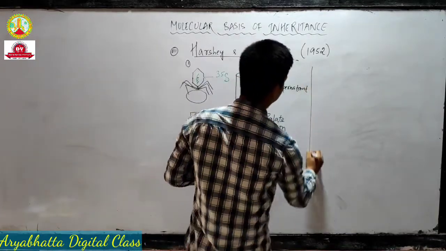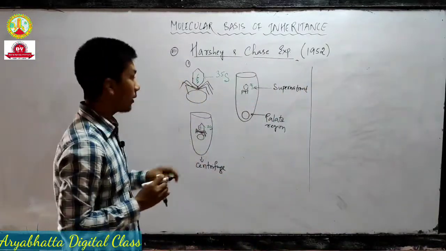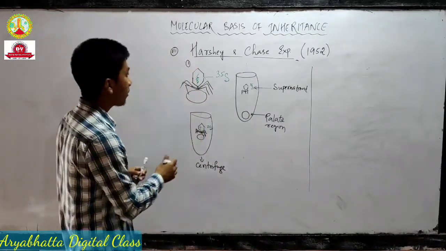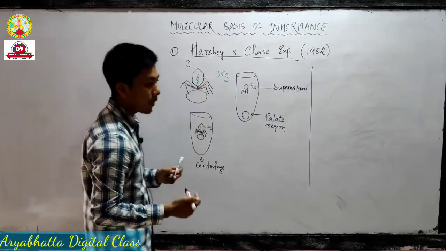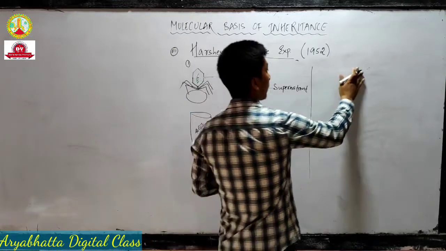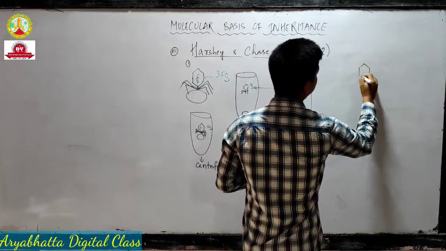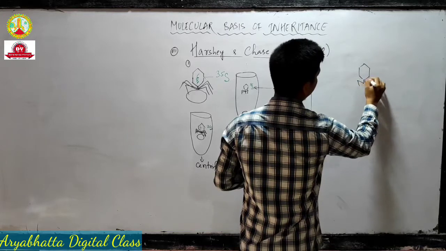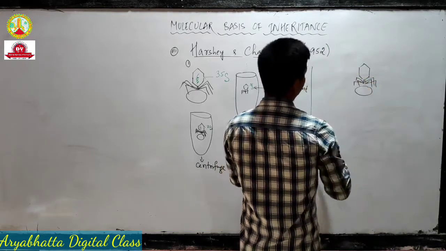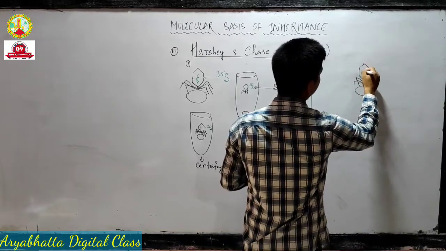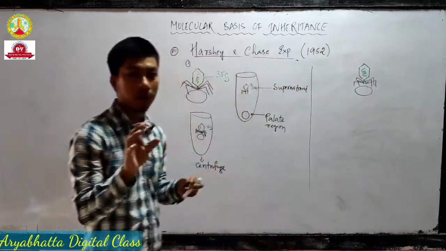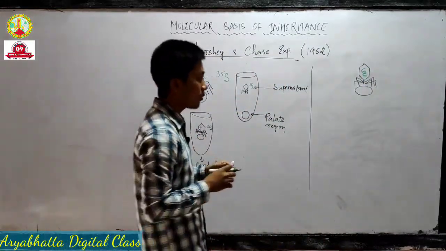The next experiment: a similar experiment was done. The only difference is that instead of sulfur 35, which binds with protein, they injected phosphorus 32 radioactive element.